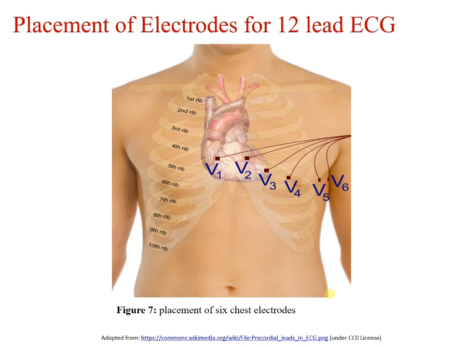V4 must be placed in the fifth intercostal space, and in between V2 and V4, V3 is placed, and V5 and V6 are placed in the sixth intercostal space as shown in this figure.